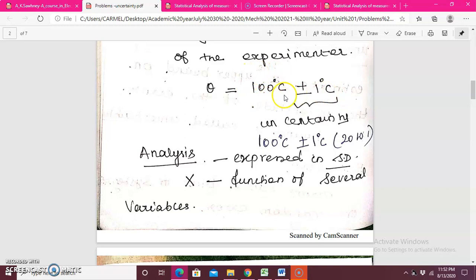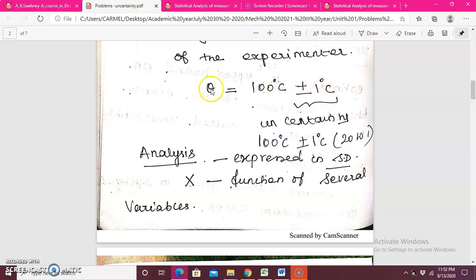This is the magnitude value plus or minus your uncertainty. The uncertainty arises because of the error, that is bias as well as systematic error. Only because of those two error values will the uncertainty be present. So uncertainty is always represented like theta equal to magnitude plus or minus uncertainty. Here the example is 100 plus or minus 1 degree centigrade.